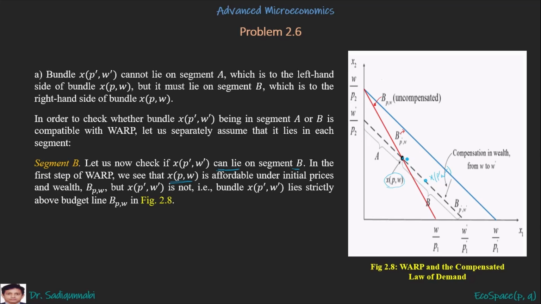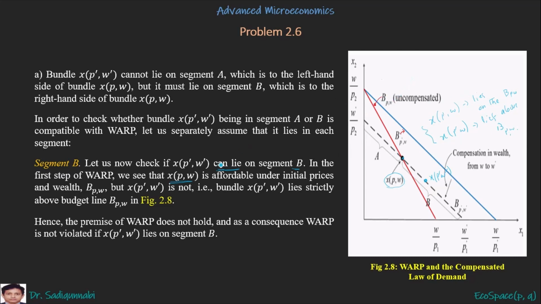Considering x(p, w) lies on the budget line B(p, w), x(p prime, w prime) lies above B(p, w). So hence the premise of WARP doesn't hold, and as a consequence WARP is not violated if x(p prime, w prime) lies on segment B.